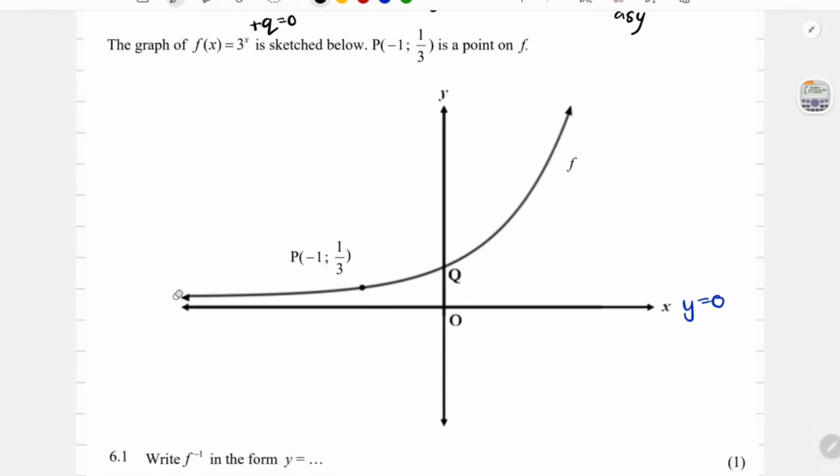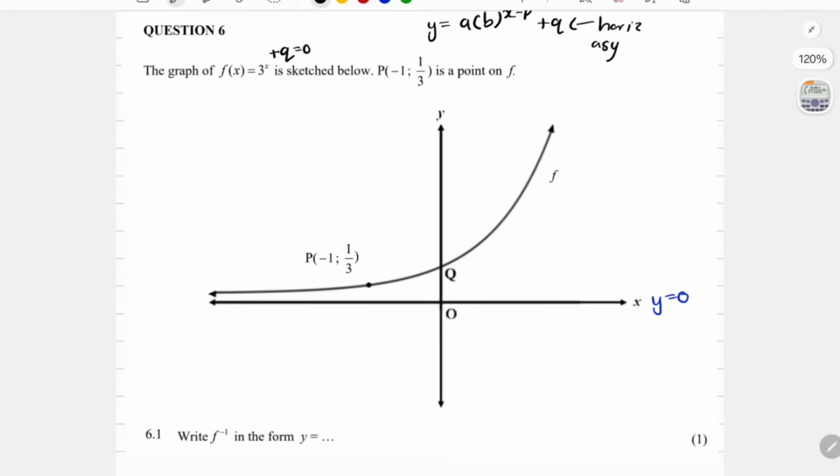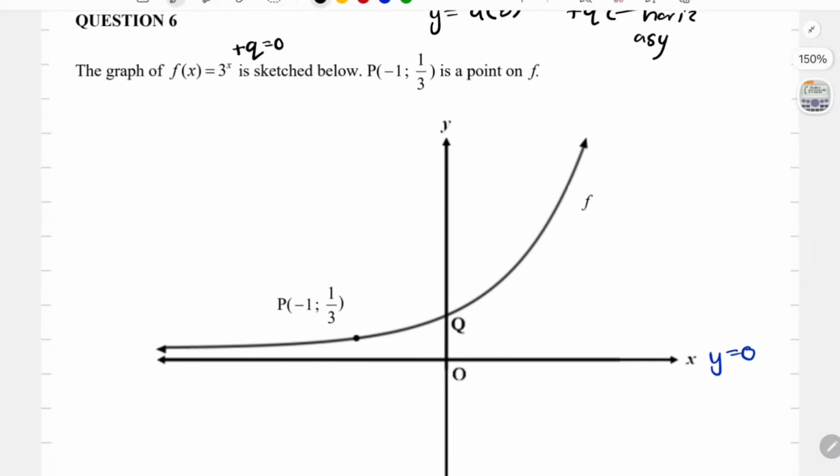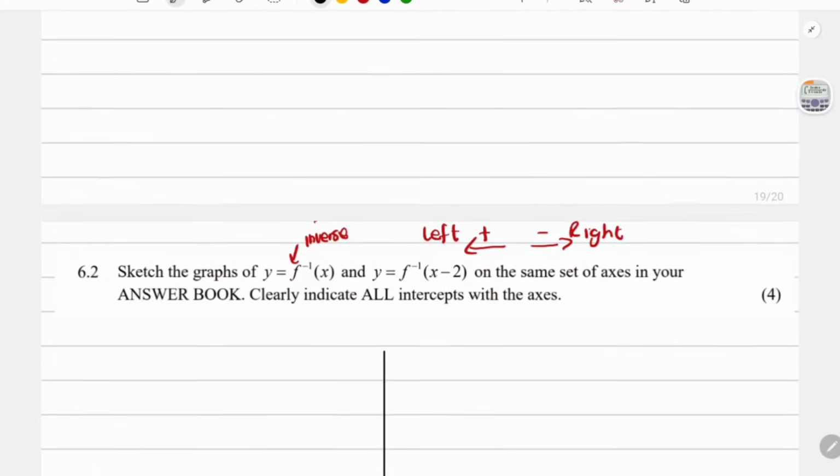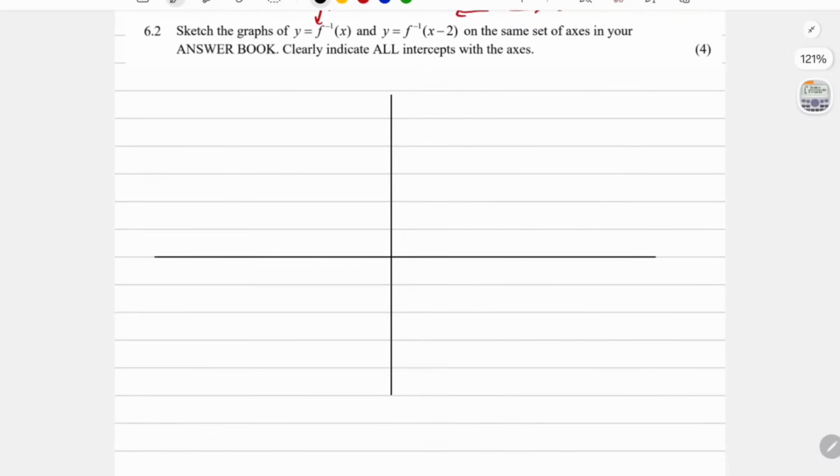Okay, so if your graph initially looked like this, then the new graph is going to do this. You see, we have one point on this graph and we can use that. The x and y values are going to swap. So we're not going to have -1 and 1/3. We're going to have 1/3 and -1 as our new point, the image of P.